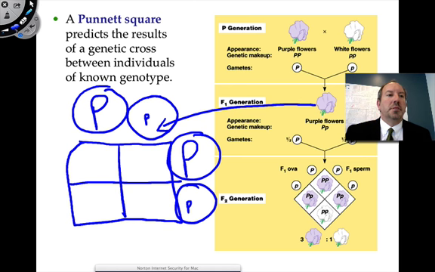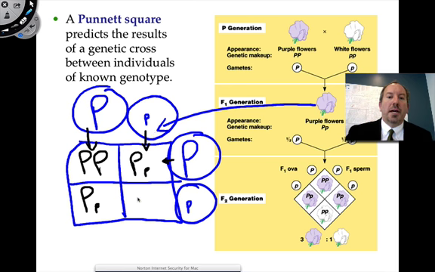And then when they come together, let me use another color for emphasis. If that pollen meets up with that egg, it's going to be big P, little p, or purple. And then if these two come together, right here, it's going to be also purple. And this one is also purple. But when that pollen meets up with that egg, white reappears.